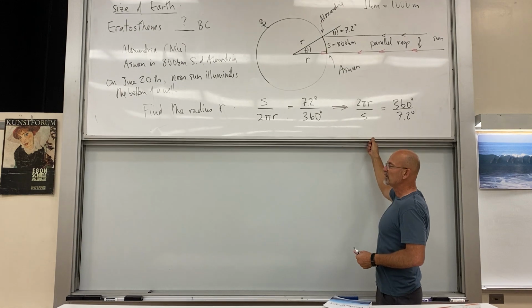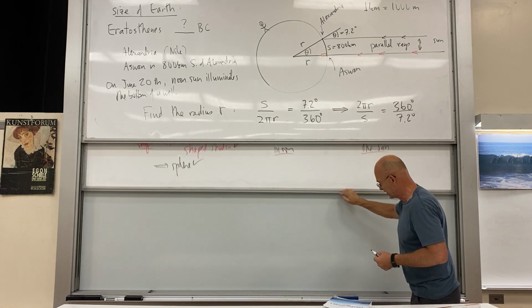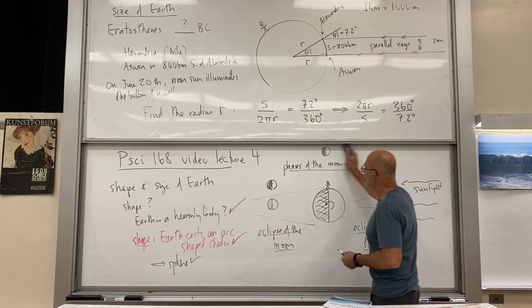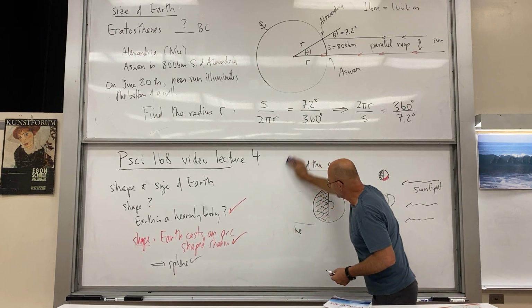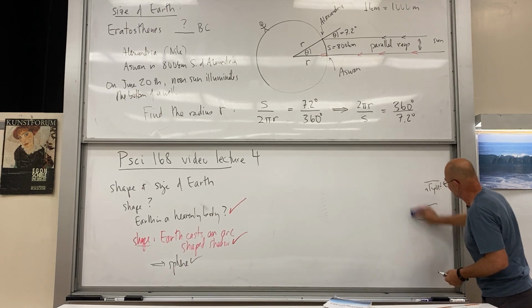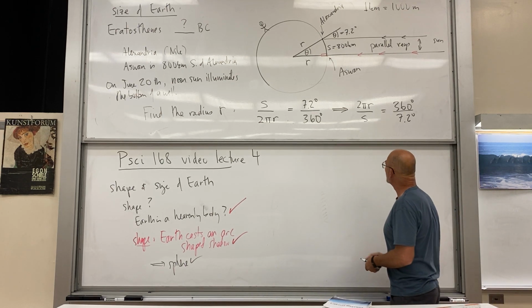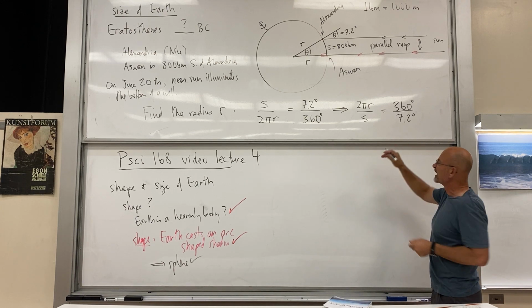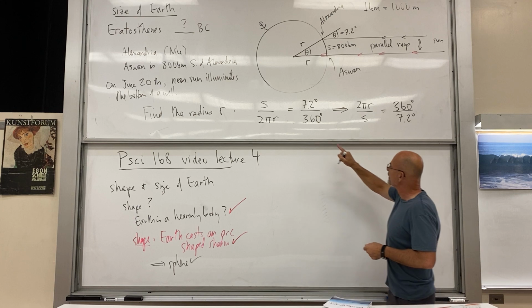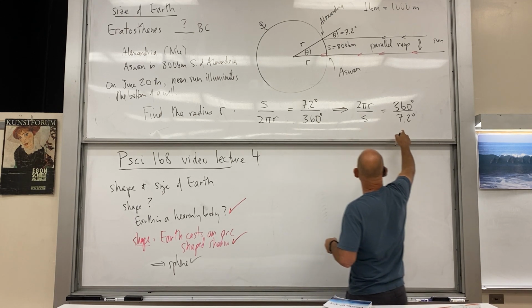As many steps as you need to do something like this is fine. With practice, it just becomes easier. And what you'll notice is I always hold off on plugging numbers in as much as possible. So yeah, we flip this. We have 2 pi r over s, 360 over 7.2.